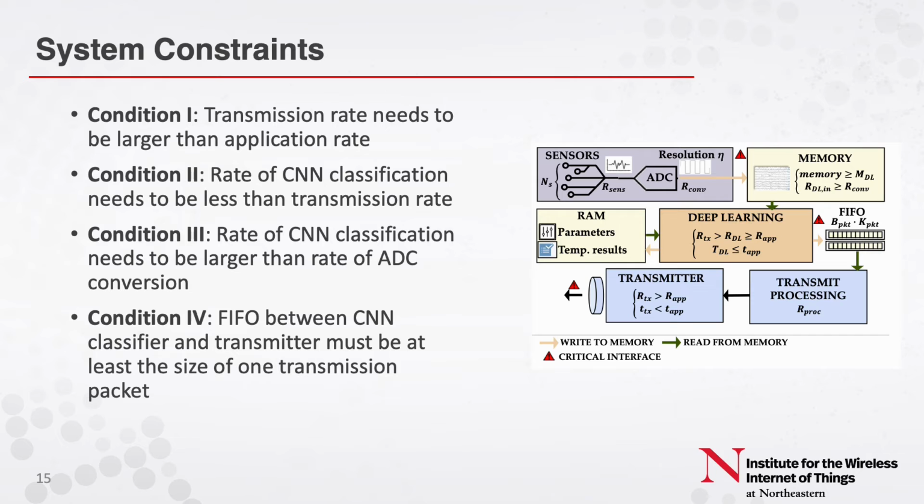All of these 4 conditions essentially just ensure that there's no overflow of any buffers or any memory. These 4 conditions are that the transmission rate needs to be larger than the application rate, the rate of CNN classification needs to be less than the transmission rate but larger than the rate of ADC conversion, and finally the FIFO that we have between the classifier, the convolutional neural network, and the transmitter must be at least the size of one transmission packet in order not to cause any kind of overflow.